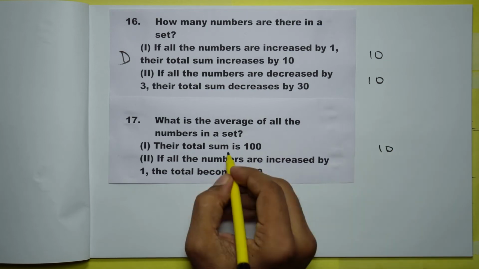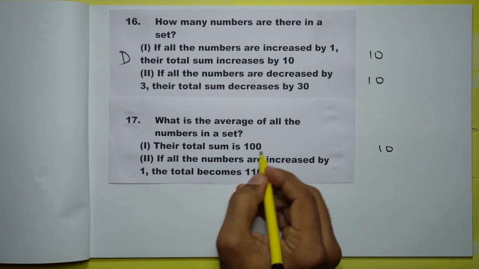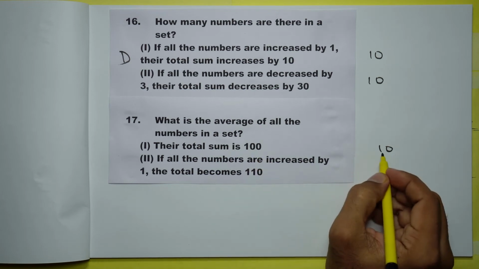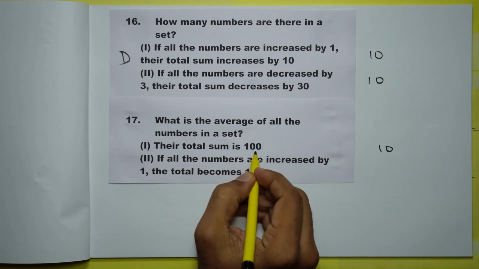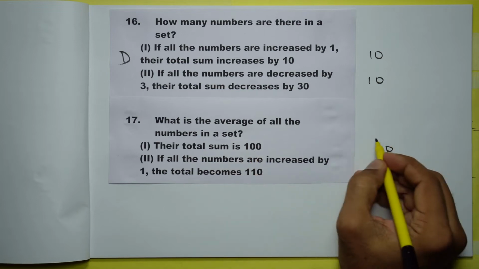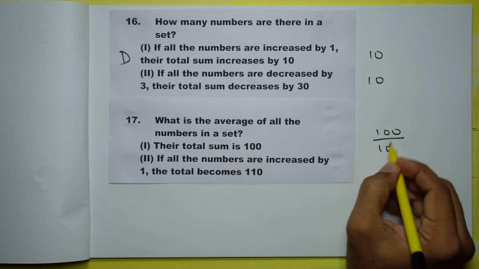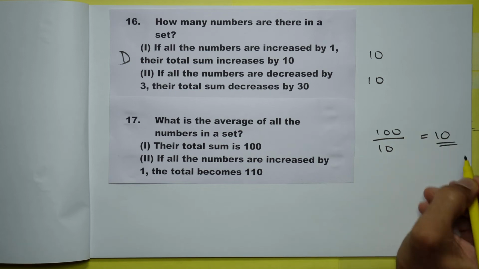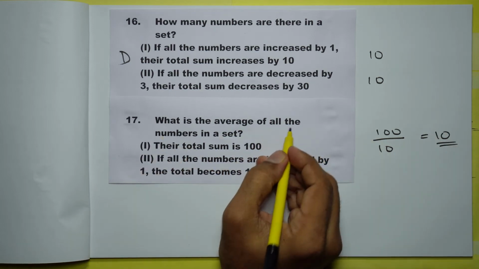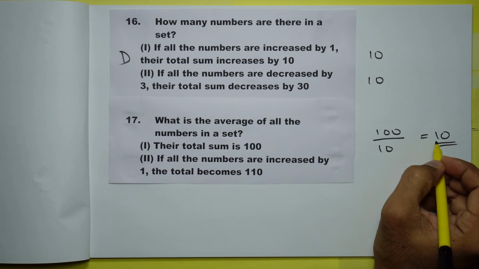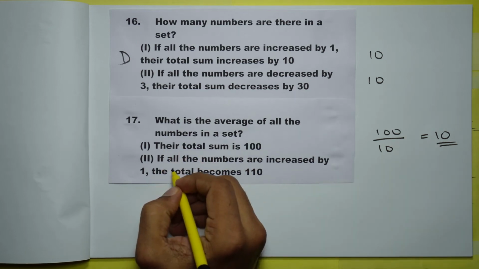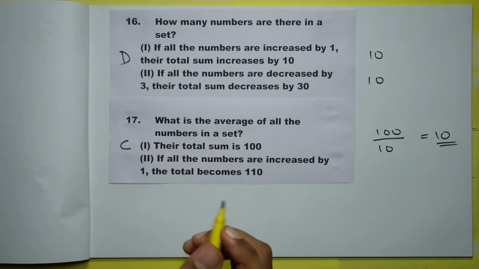That is why when all the numbers are increased by 1, their total sum will also increase by 10. And their total sum is 100. So their average will be, total is 100 divided by number of numbers 10, their average will be 10. So what is the average of all the numbers? That will be 10. And both the statements are necessary. Hence C is the right answer.